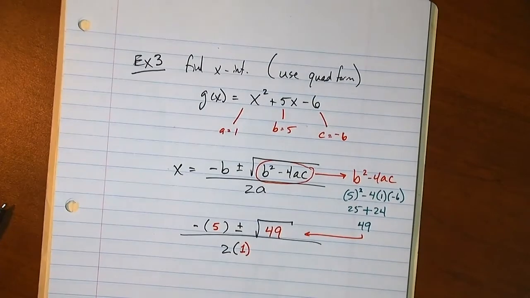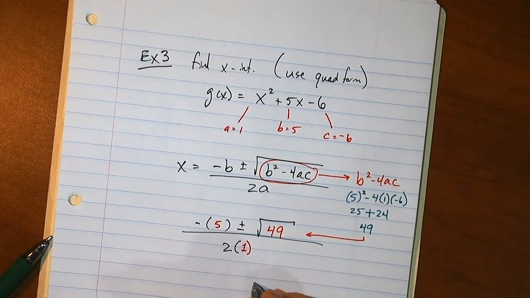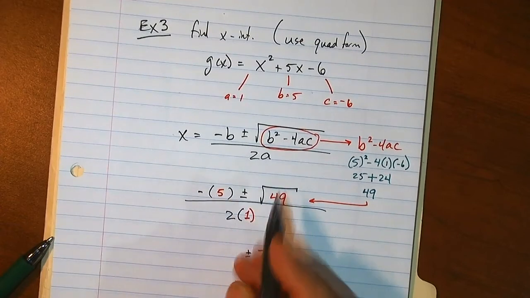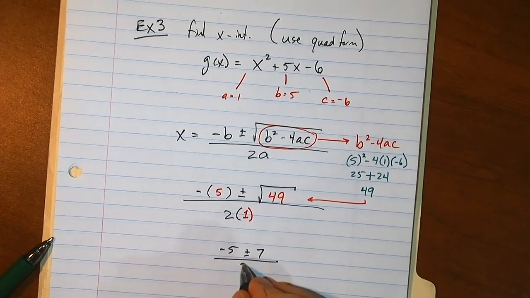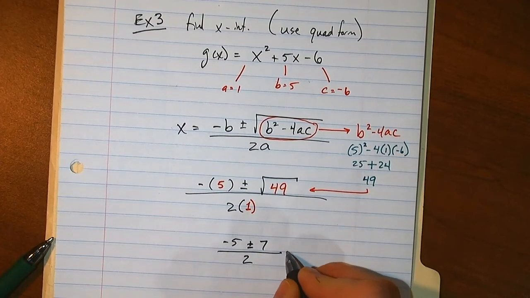And so now we simplify this, again using order of operations, working on the top and the bottom. Square roots technically come first, so the square root of 49 is equal to 7. And then the opposite of 5 is -5. 2 times 1 is equal to 2. Now remember, this represents two different problems. There's a plus and there's a minus.